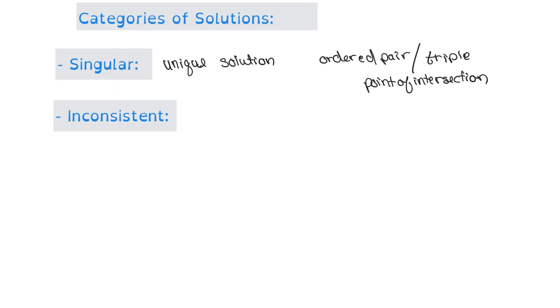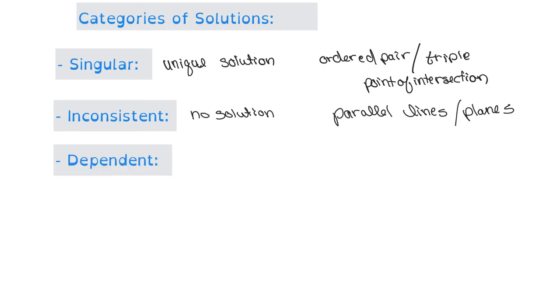And so this is where there is no solution to the system, which means that we're talking about parallel lines or parallel planes, depending on how many variables we're talking about. It's just that what we're graphing is parallel and they never touch each other. So they're inconsistent. They don't have anything in common.